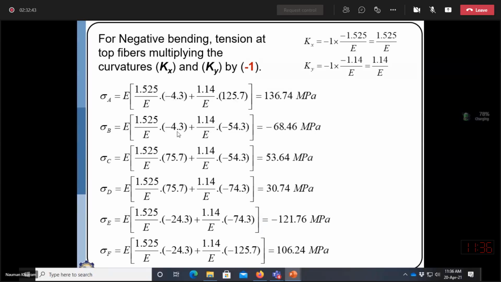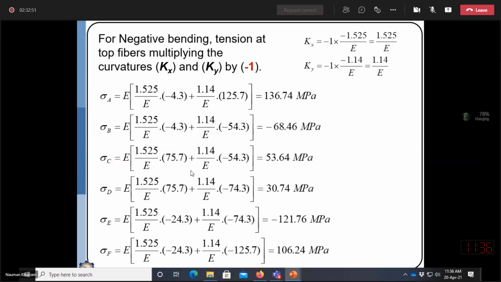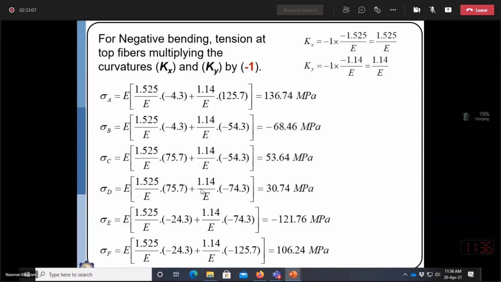For B, XB is minus 4.3 and YB is minus 54.3. And this parameter will be the main constant. Similarly, for point C, XC is 75.7 and Y is minus 54.3. I have corrected here.